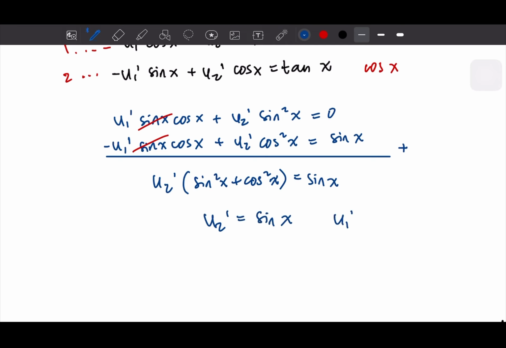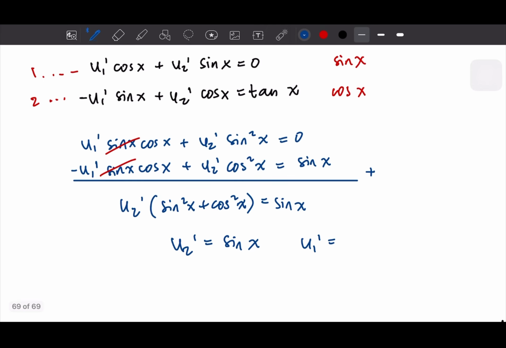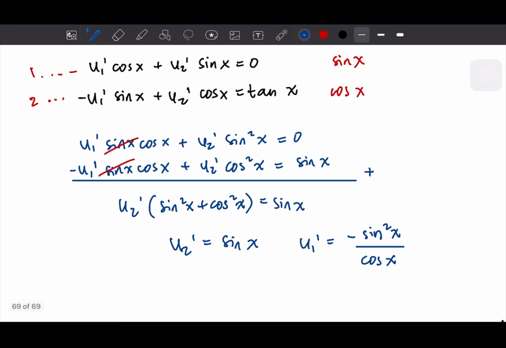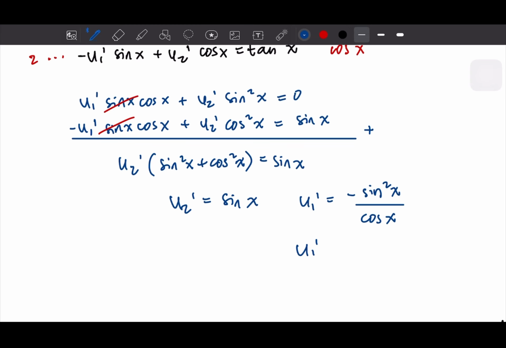And u1 prime, we can substitute. It will be negative sine squared x over cosine x, or this will be what? Negative tangent x sine x, right?